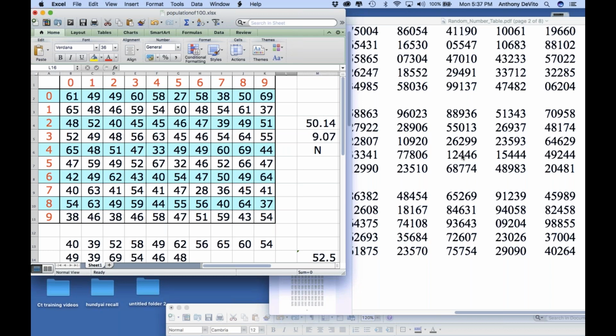I'm going to create a new distribution of only the averages of samples of size 16 from this population. And we're going to see how this distribution of sample means differs from the distribution of the actual values from the population.